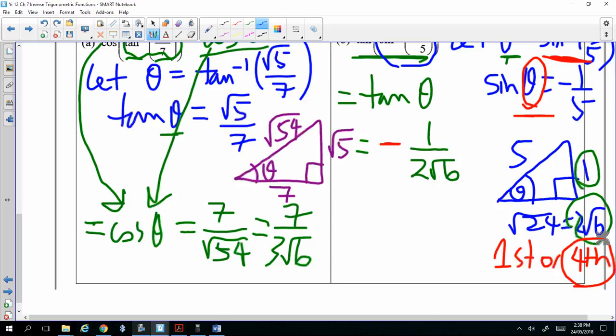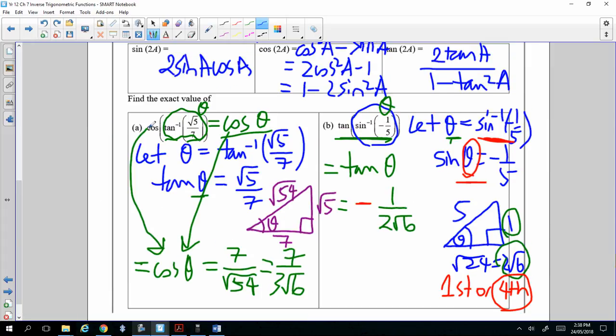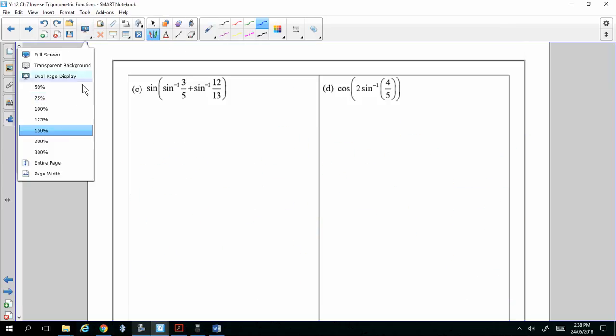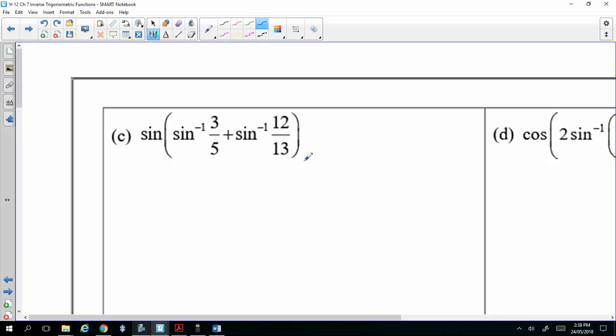Our next page involves the compound angle formula. So what you do is, we call the first one alpha, sine inverse of 3 over 5. Call this one beta, sine inverse of 12 over 13. So the question becomes sine of alpha plus beta, which we will expand later on.